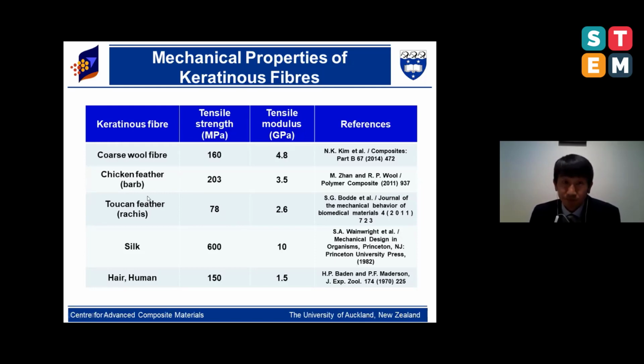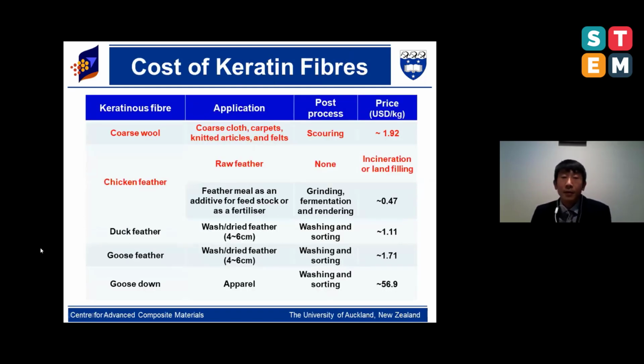However, the tensile strength of the feather fiber is very different depending on the part. So as I've already said, the sorting process is very important. However, when we think about cost reduction of the product, then we have to consider the usage of feather fiber, such as chicken feather.